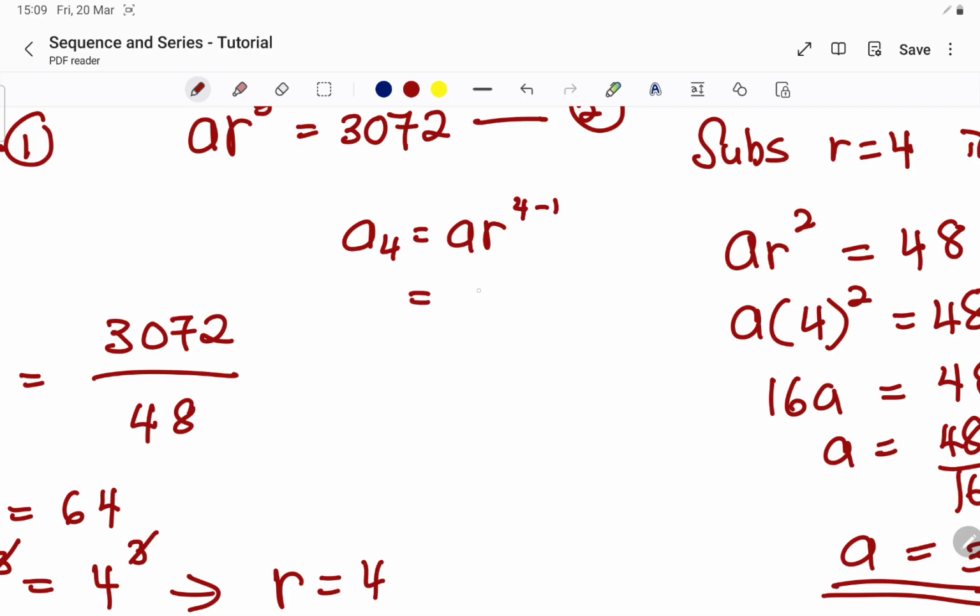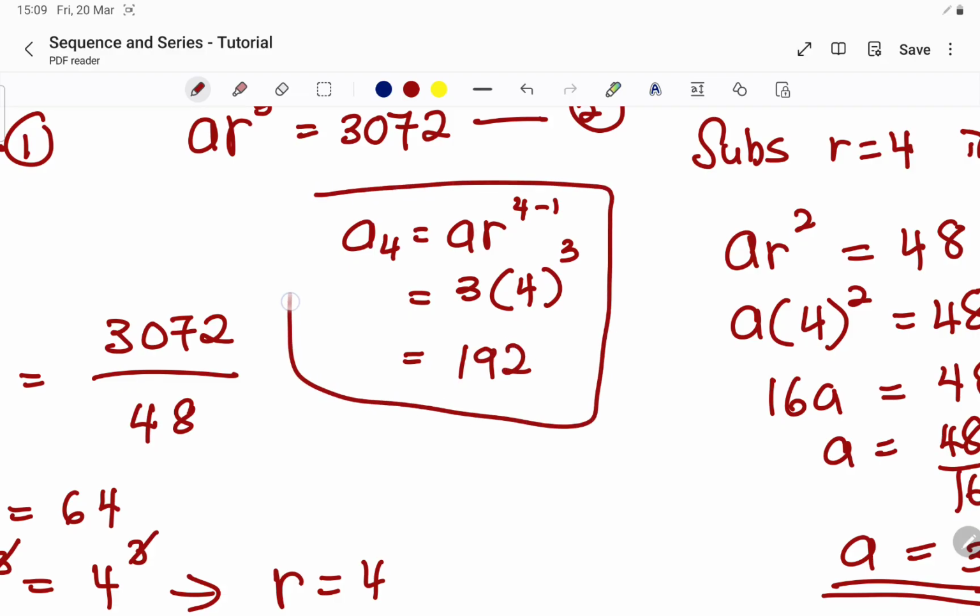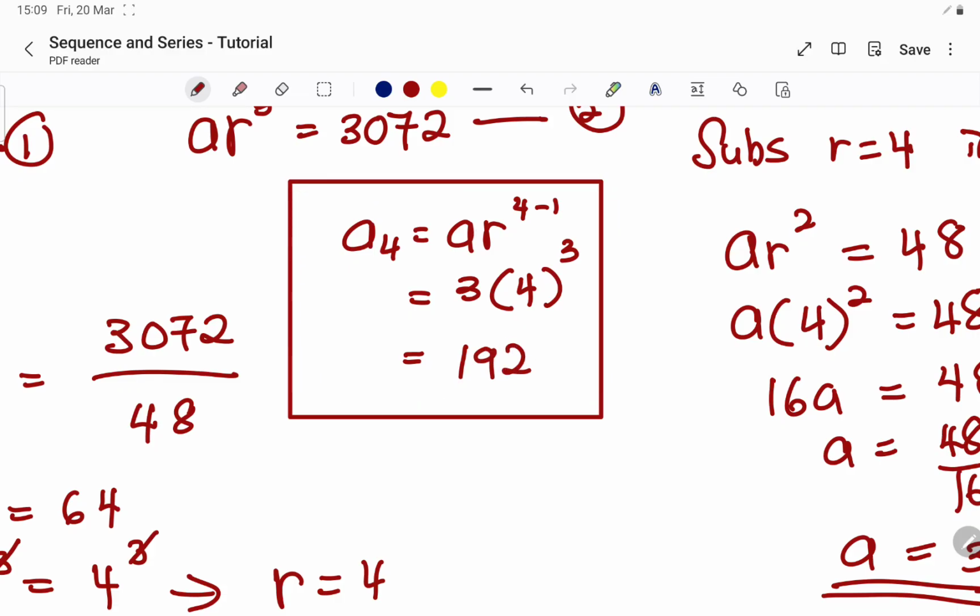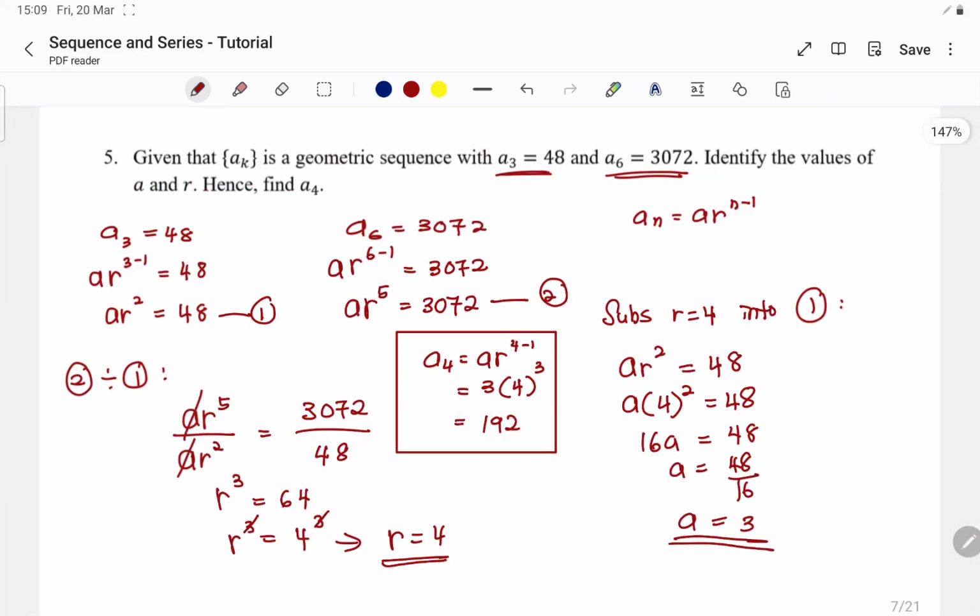Okay, we have A is equal to 3 and then multiplied with R, we have 4 to the power of 3. Then you calculate this one, you're going to get 192. So this is the answer for A4. Okay, that's it for question 5.